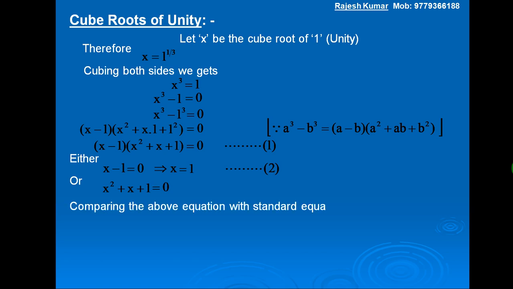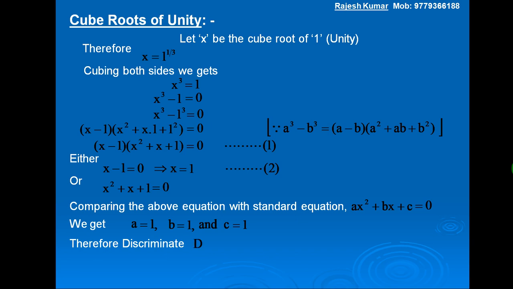Comparing the above equation with the standard equation ax square plus bx plus c equal to 0, we get a is equal to 1, b is equal to 1 and c is also equal to 1. Therefore, discriminant D is equal to b square minus 4ac.